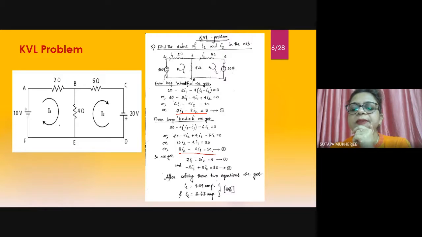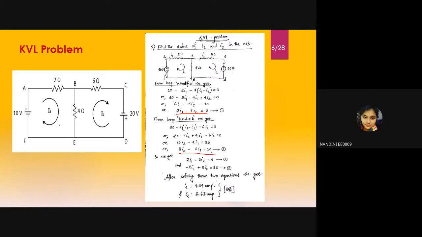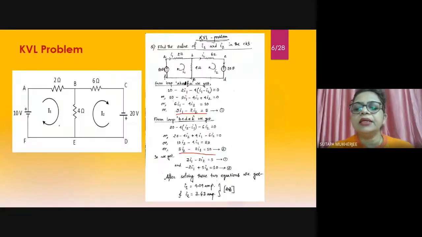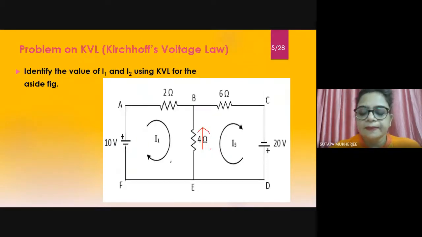Got the equation? So after getting these two equations, please solve it. Everybody will do it.